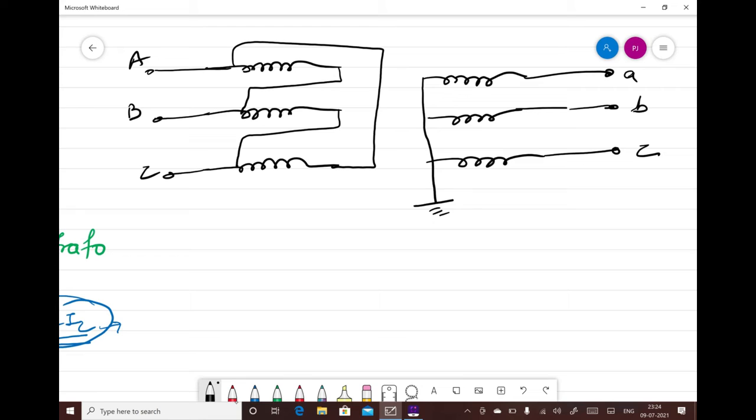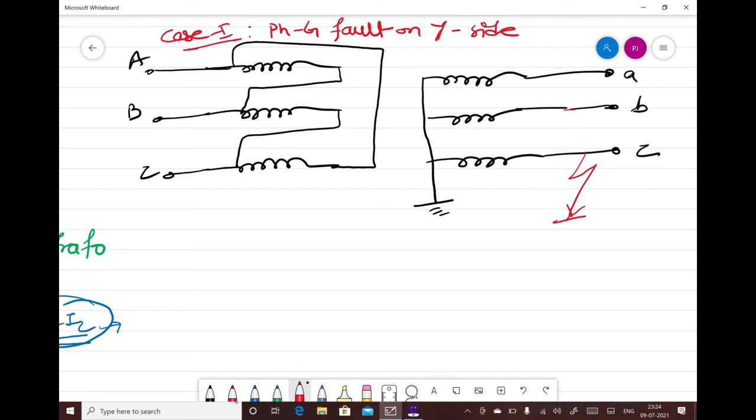Now consider the first case. In case 1, what we are going to discuss is a phase to ground fault on a star side. Now suppose there is a fault between C phase and ground.